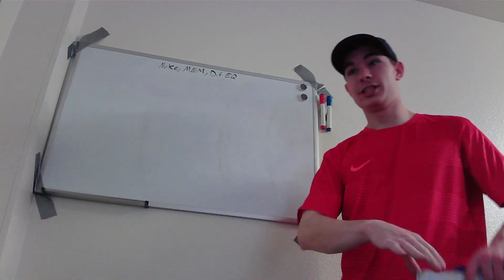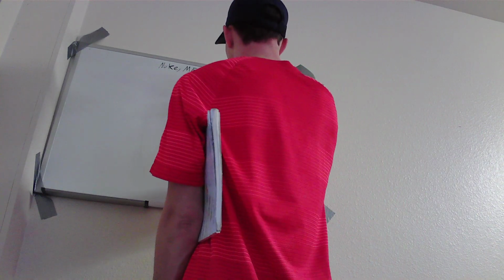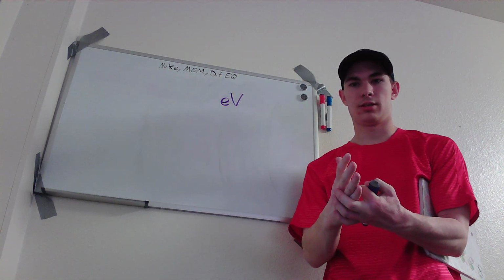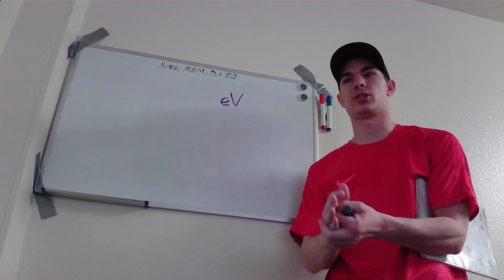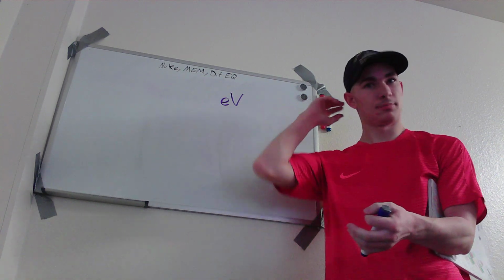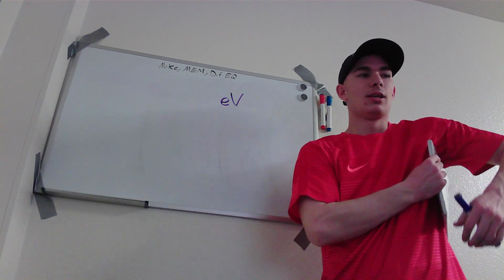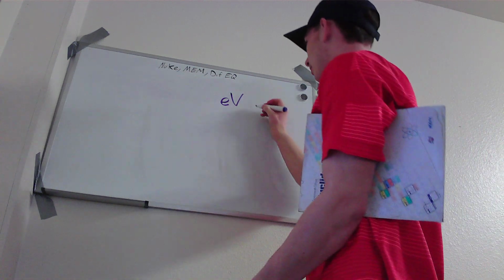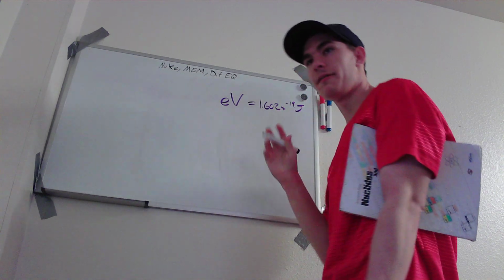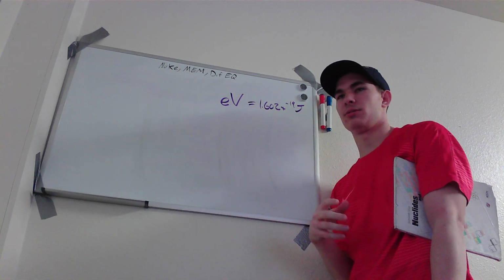Nuclear engineers deal in energy units of electron volts, so it's eV. It's how much energy one electron gives off. One electron volt, for perspective, is 1.602 times 10 to the negative 19th joules of energy, which is a tiny amount of energy, minuscule, barely recognizable.